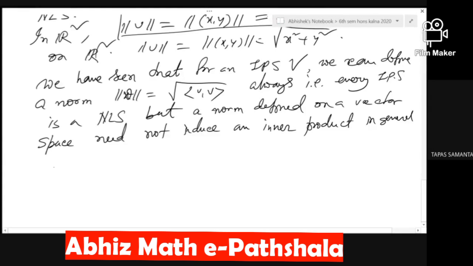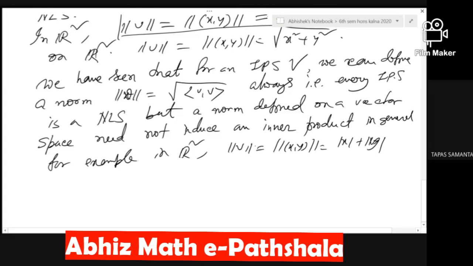For example, in R2, the norm of v equal to norm of the point xy, that is mod x plus mod y, will not induce an inner product.